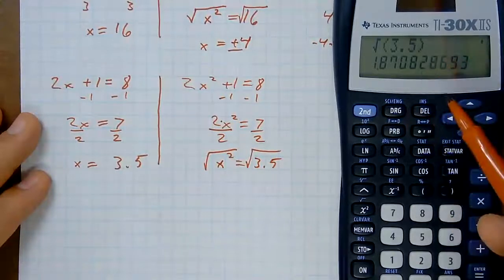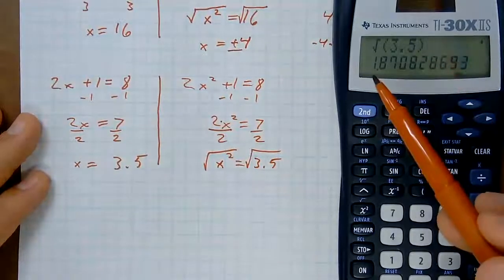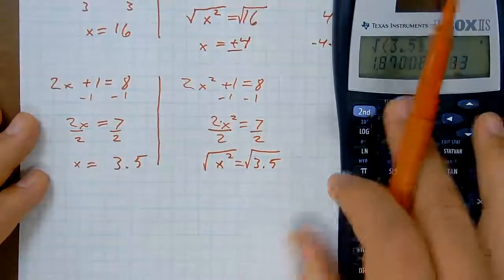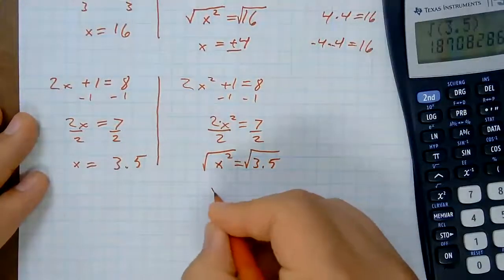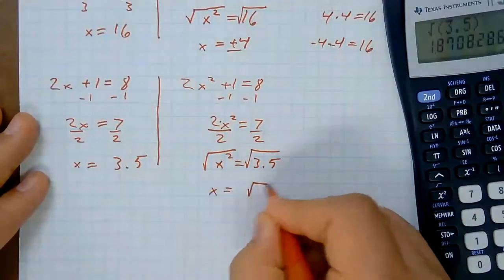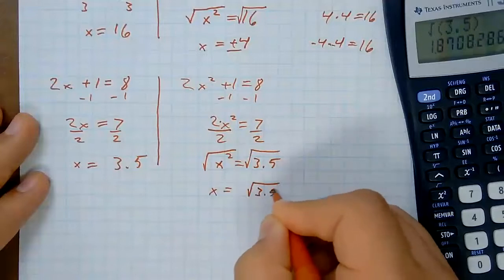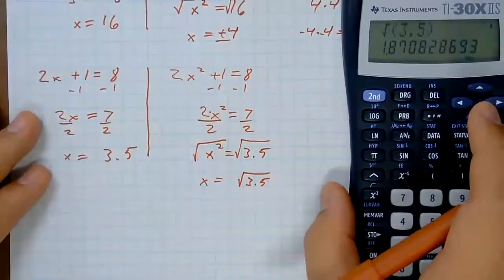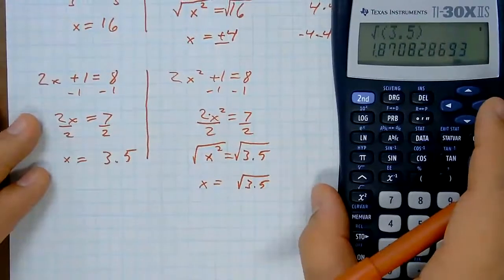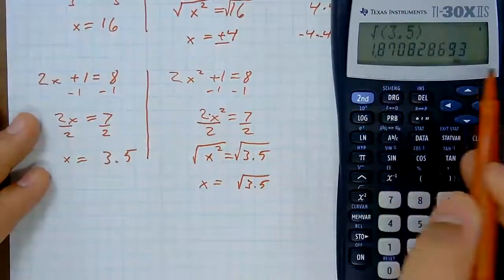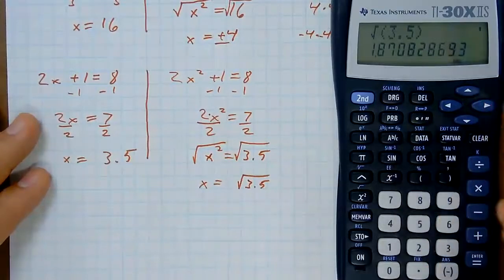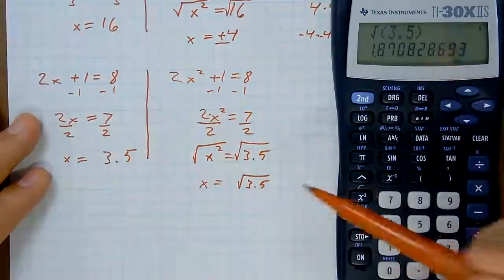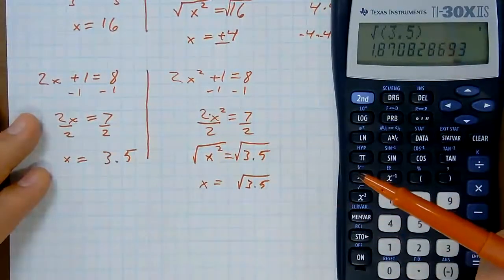And so this is irrational. Instead of writing out this decimal, all you have to do is say x equals the square root of 3.5. Don't write out this giant long decimal because that's just an approximation. Write out the square root of 3.5.